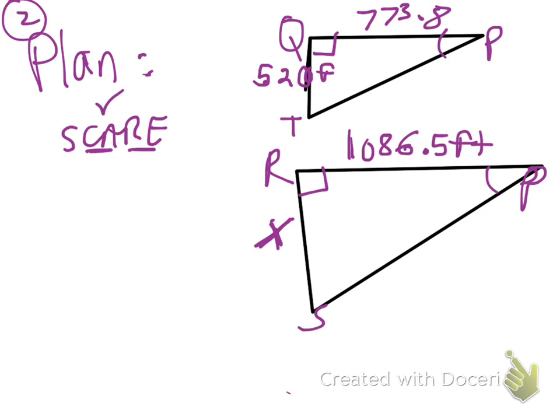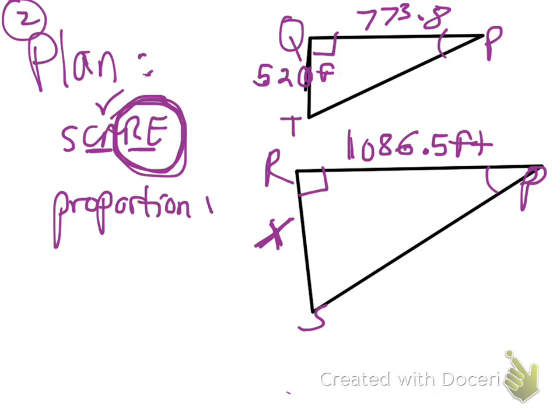Well, I'm not looking for anything to do with angles, but I am looking for a side length. So side lengths that create equal ratios, I can use to set up a proportion.